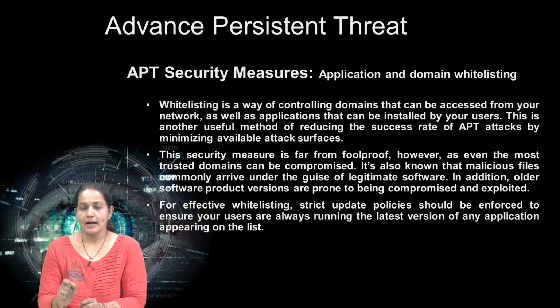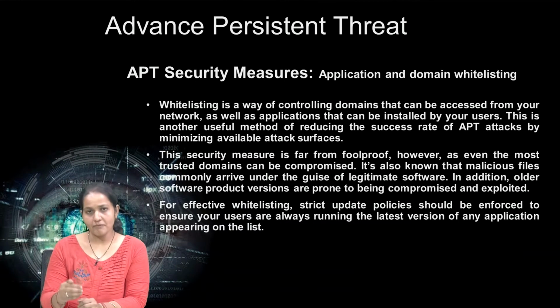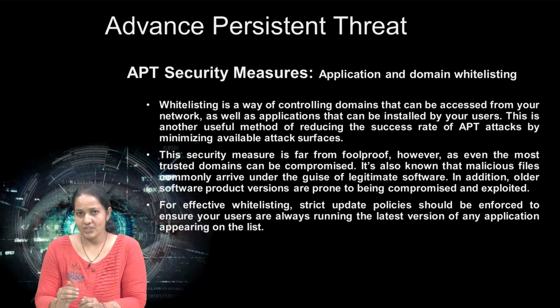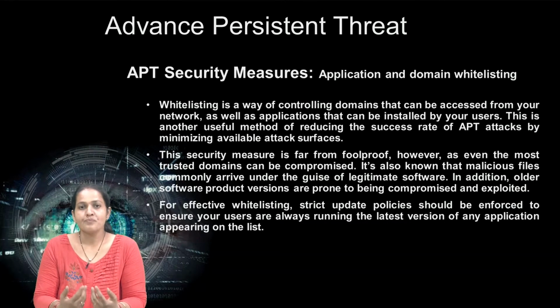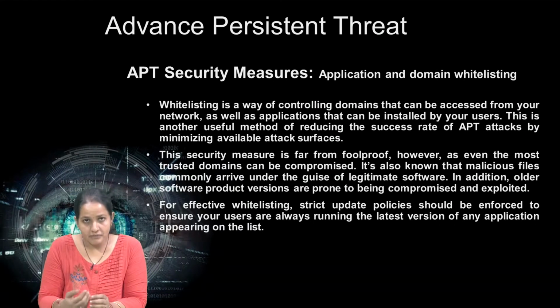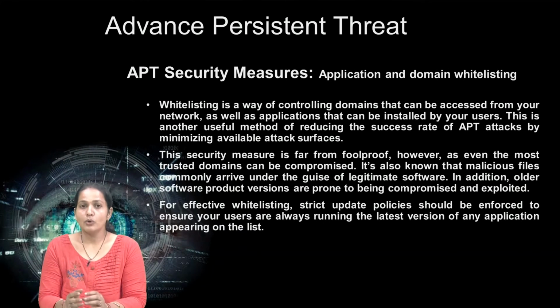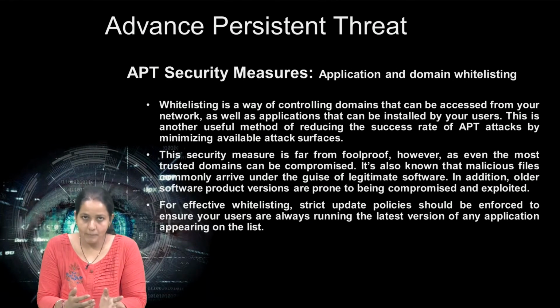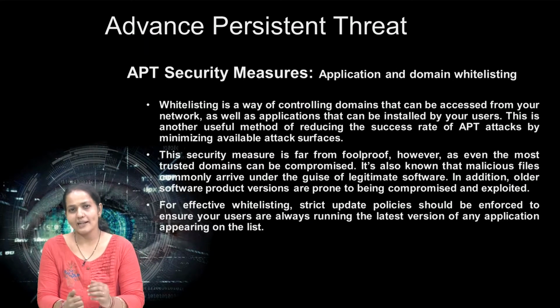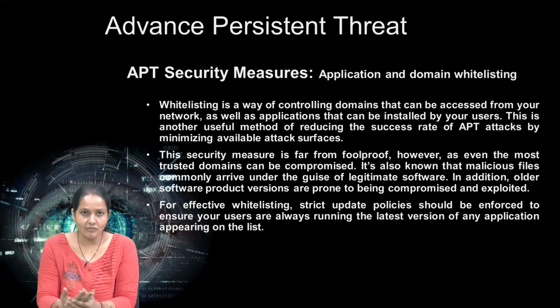Once any application comes up with an updated version, there is a forceful policy that whatever nodes are available in the network must use the latest updated version. So, there is no version mismatch, no pirated software will be accessed by the system, and no anonymous web access is there in the system. That type of domain whitelisting will be there.